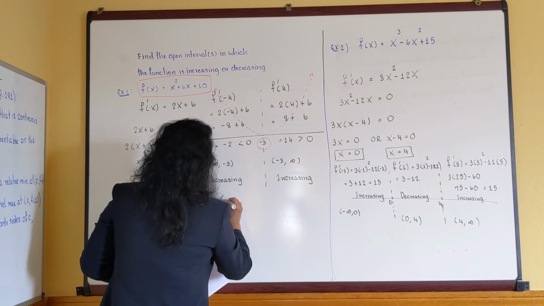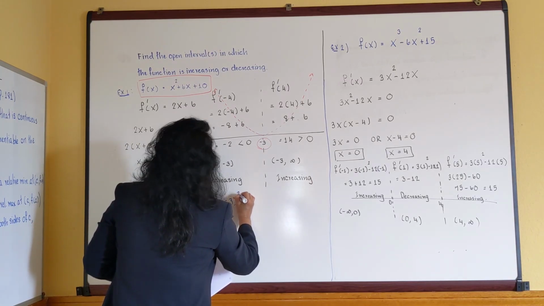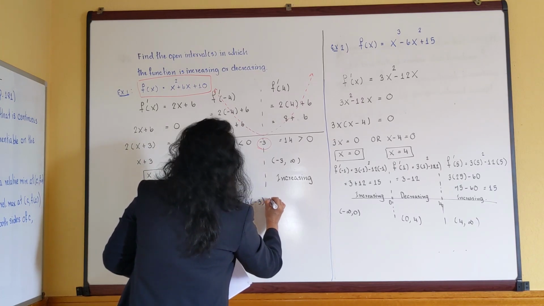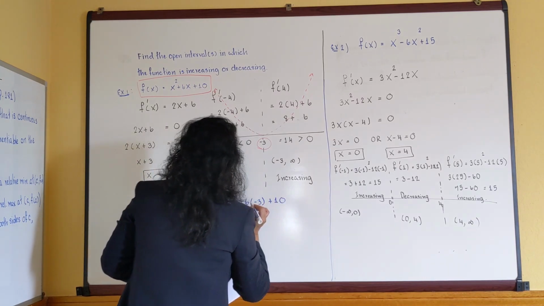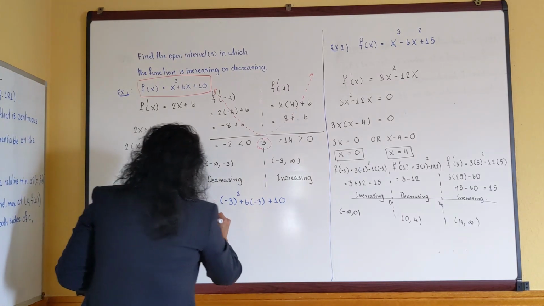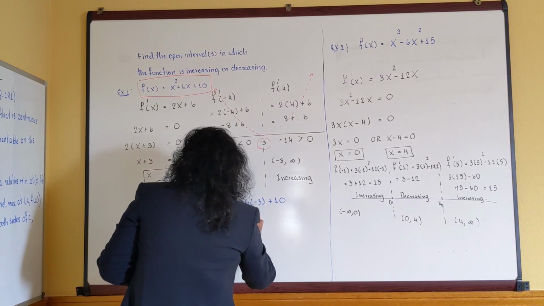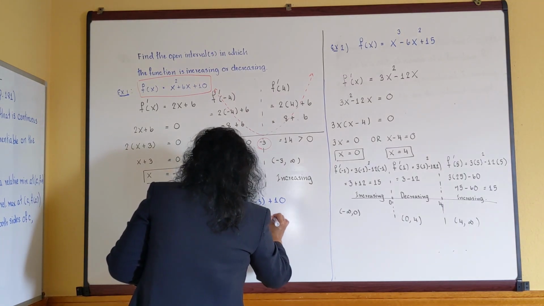So you're going to have negative 3 squared plus 6 times negative 3 plus 10. If you do this, you're going to have 9 minus 18 plus 10, which is 1.